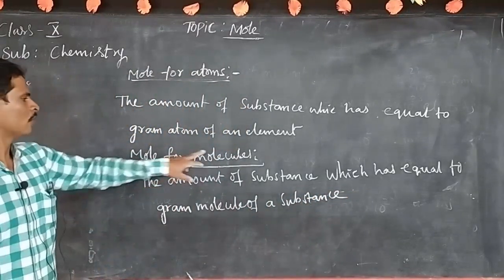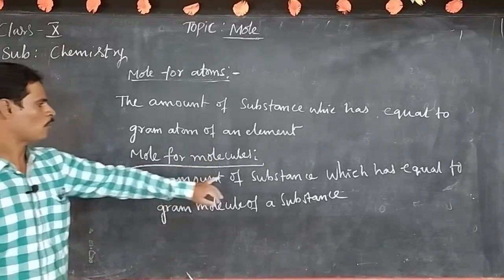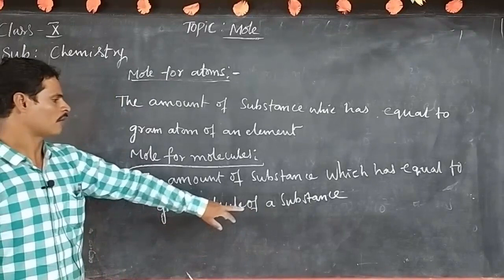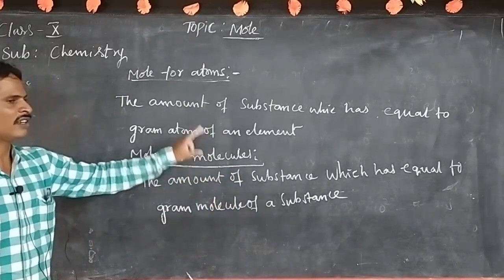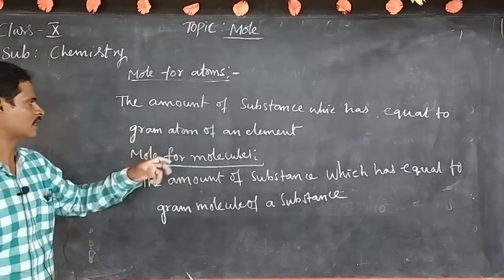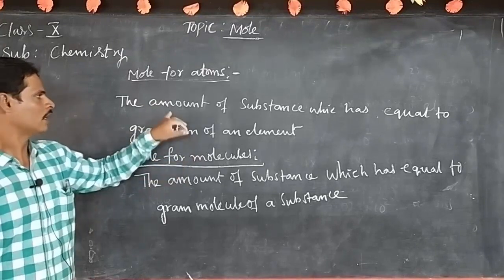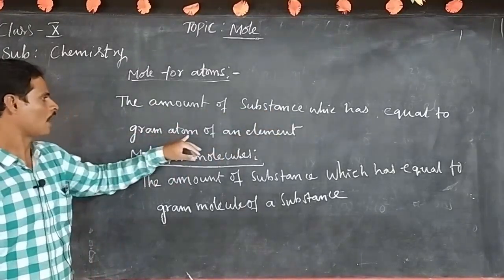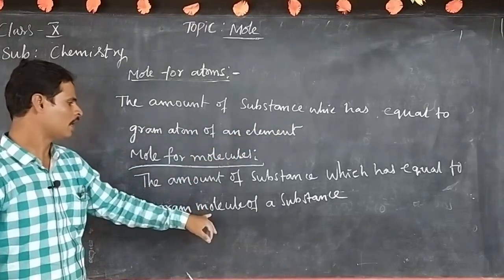So this is the mole for molecules definition. Is there any difference? Only one small difference. The definition is common. Observe: the amount of substance which is equal to the gram atom of an element, but here the gram molecule of a substance.